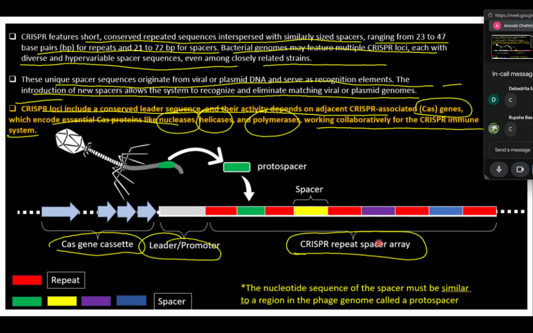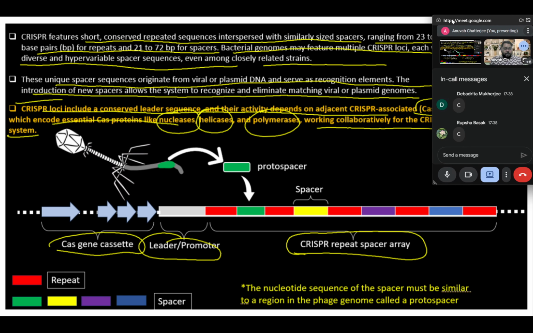So the clustered regularly interspersed short palindromic repeats. So essentially, bacteria and archaea, which are these small microorganisms, are always at a huge war against viruses. Viruses hunt bacteria, and bacteria try to figure out different ways of defending themselves from the viruses.